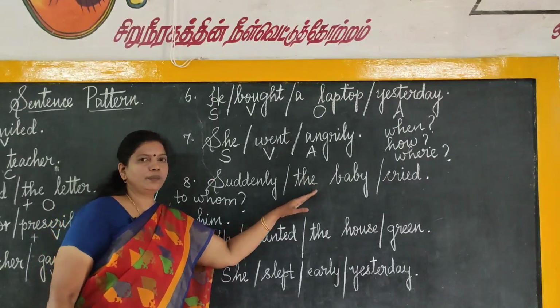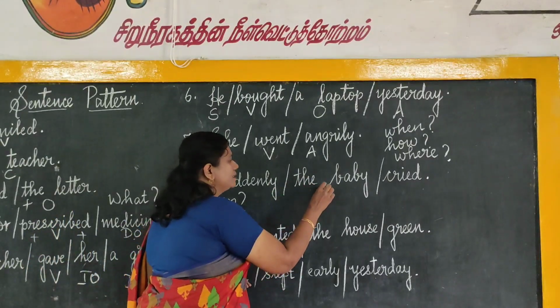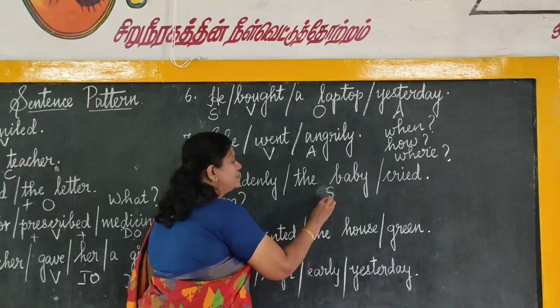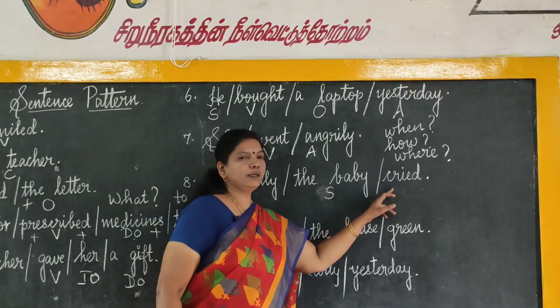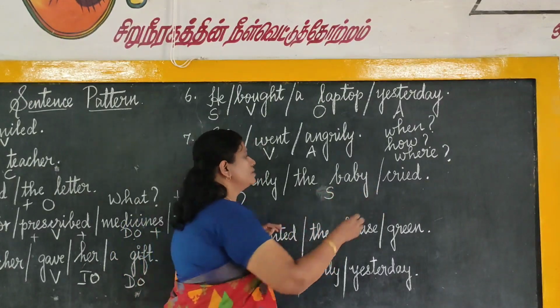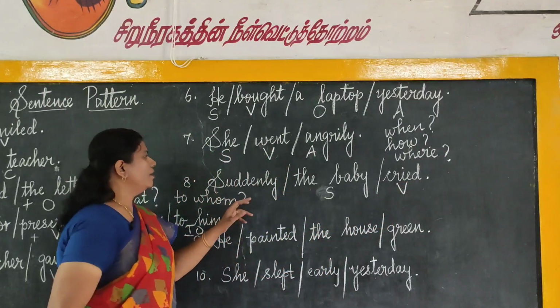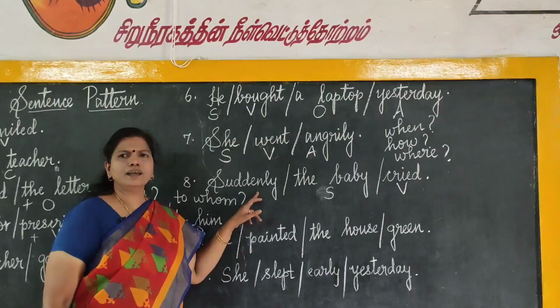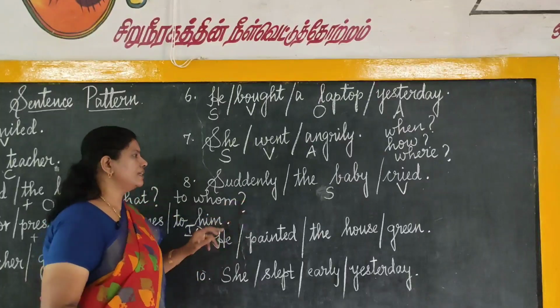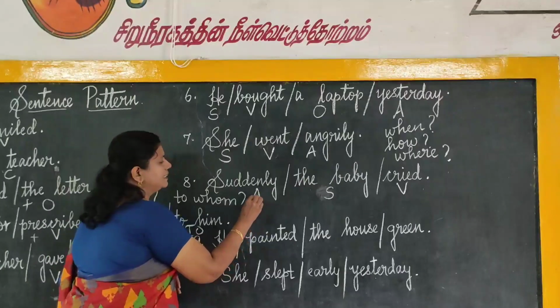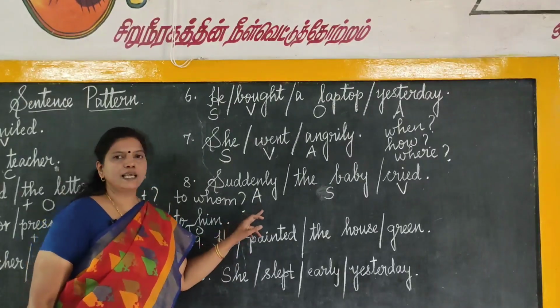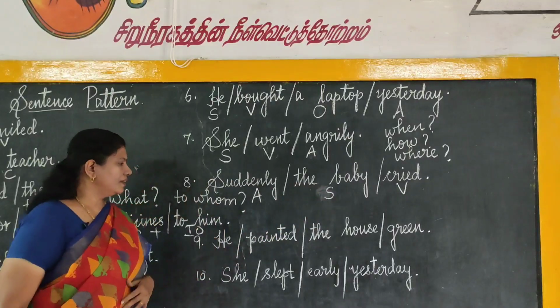We are talking about the baby. So the baby is the subject. What is the action done by the baby? Crying. So this is the verb. Then when did the baby cry? Suddenly, all of a sudden. So this is the adjunct. So the sentence pattern is A plus S plus V, right?